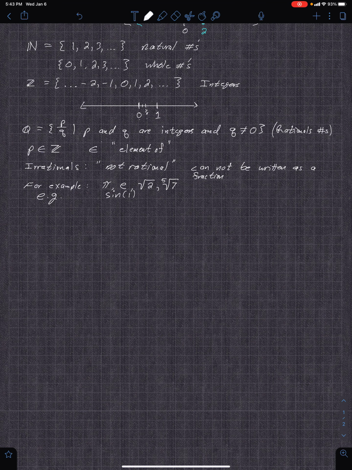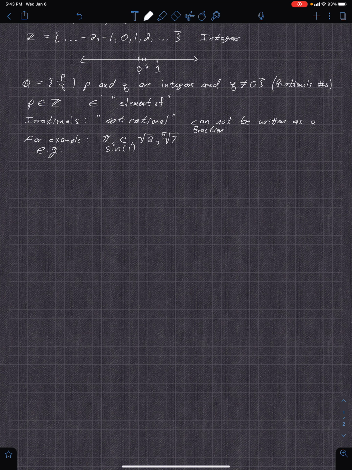And so if you put these two together, the rational and not rational, that makes up all the real numbers. So the real numbers is symbolized with an R, and we often use, or you could do, the interval notation like this. And those are real numbers.